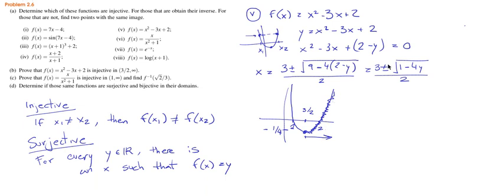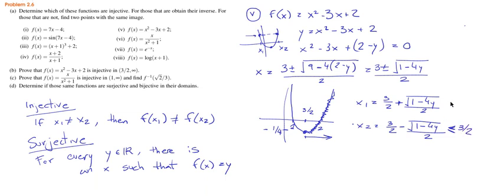The easy way to see this is from this solution. Given a value of y, we have two solutions. It's obvious that because this square root is going to be either 0 or positive, this solution is always going to be smaller or equal than 3/2, and this one is always going to be greater or equal than 3/2.